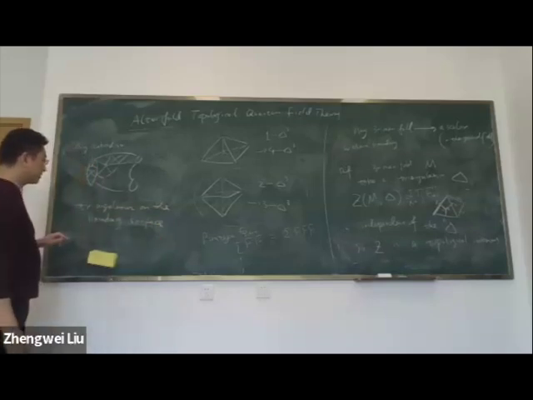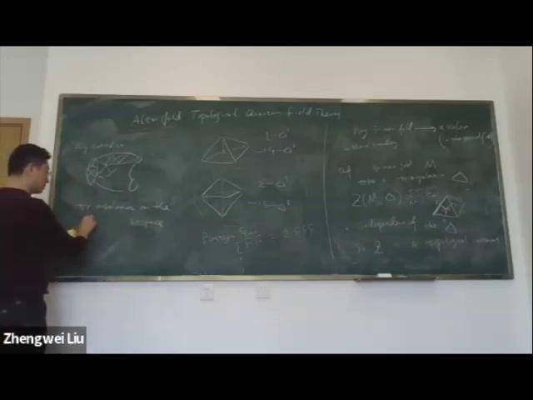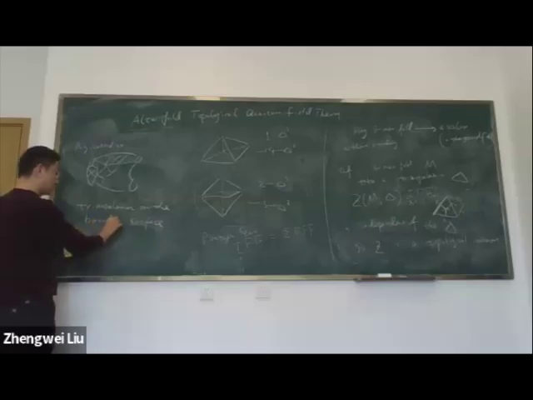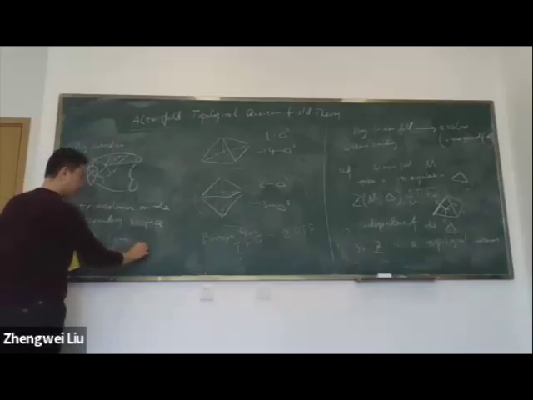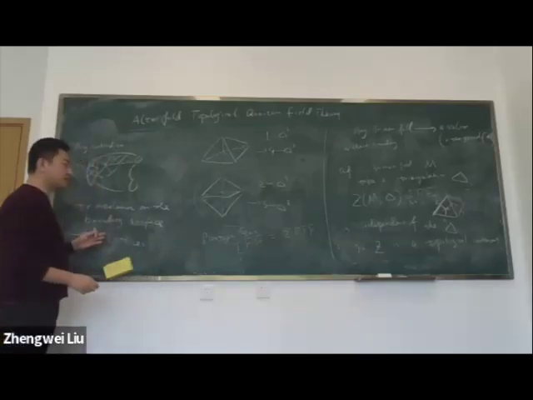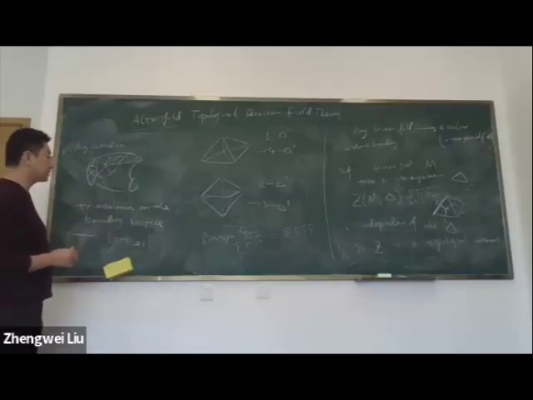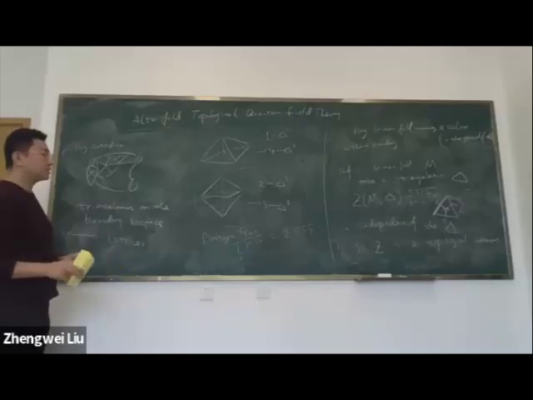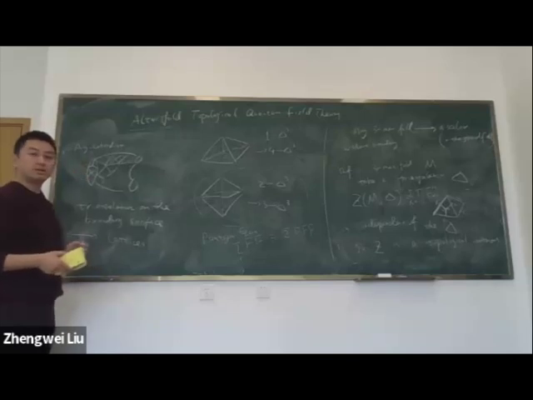Now, this triangulation on the boundary surface, you can just consider that as the lattice model we described at the beginning. The triangulation on the boundary surface just corresponds to the lattices, the shape of lattices on the surface. And now in TQFT, if we just have a boundary surface without lattice, without triangulation, then how do we describe that?